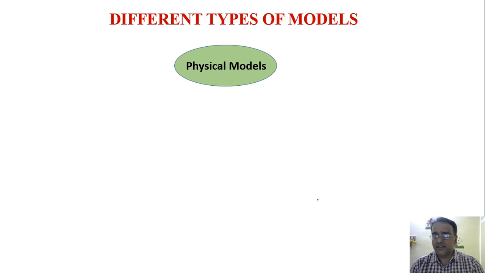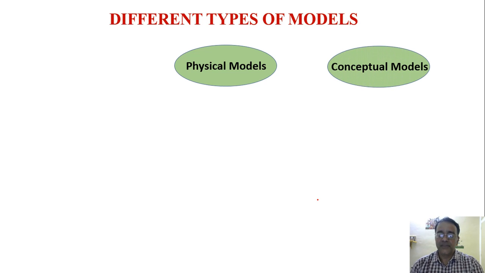And the next type is the conceptual model. A conceptual model is a representation of a system that uses concepts and ideas to form said representation. Conceptual modeling is used across many fields, ranging from the sciences to socio-economic to software development.